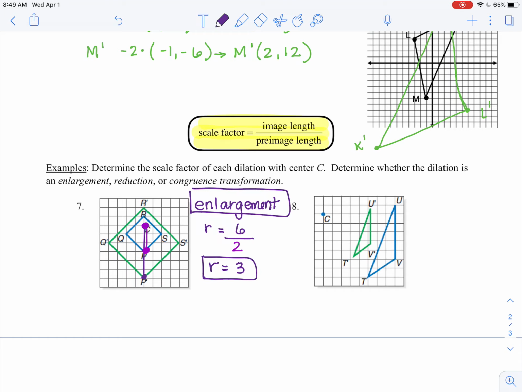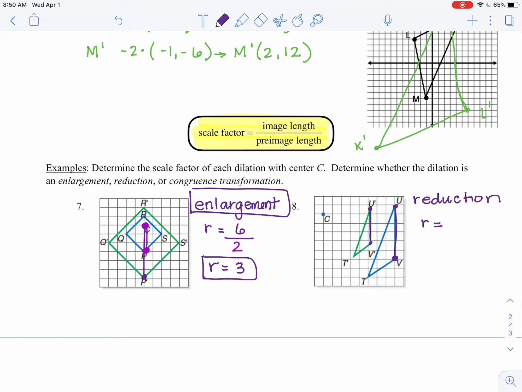In question number 8, when you compare the size of the pre-image and the image, it looks like the image certainly got smaller. So number 8 is a reduction. This time, to find the scale factor, I am going to use the actual lengths on our two triangles, simply because I have vertical lines, so I can count their lengths on the coordinate plane.